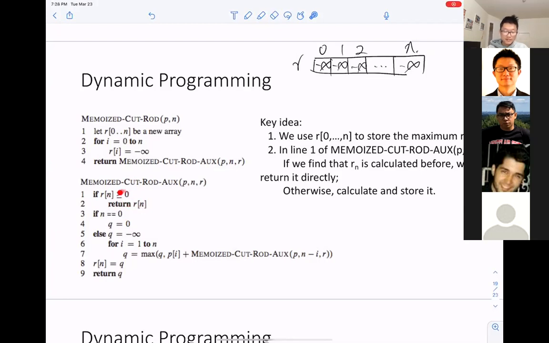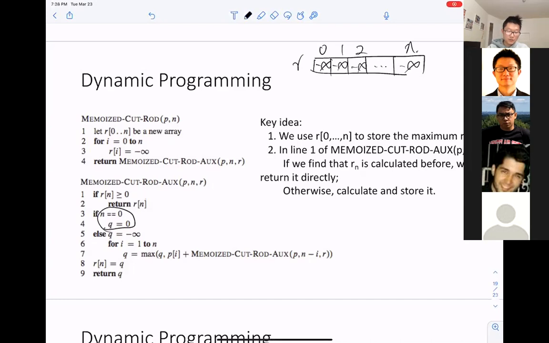Let's leave it for now, because initially we got all negative infinities. If N is 0, it means we are asking for the highest revenue of a route of length 0, then we have Q as 0. This is pretty easy for us to understand, right?